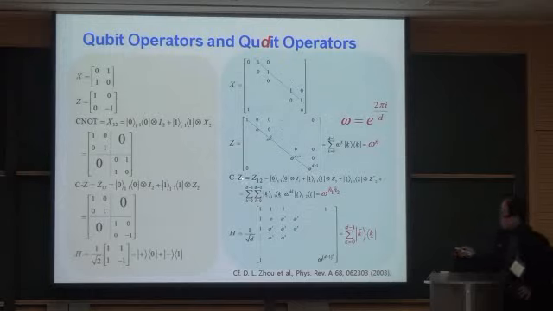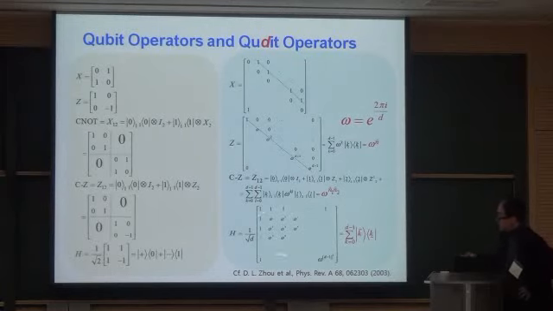This is a control Z. When the control is 0, you do nothing on the second one, so it's Z to the power of 0. If the control is 1, Z to the 1. If the control is 2, Z to the 2, and so on. Actually, this operator is very important in quantum information processing.